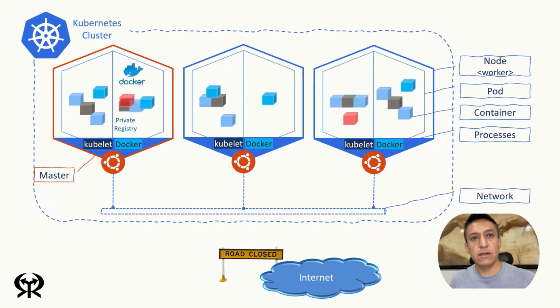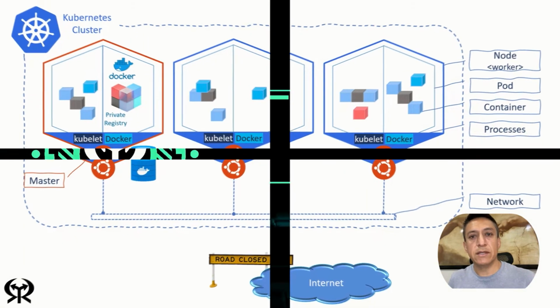For that, we will install a private Docker registry in our cluster. That private Docker registry will allow us to deploy all the pods and containers, and those containers are going to be instantiated by the cluster. Let's check how to do that.